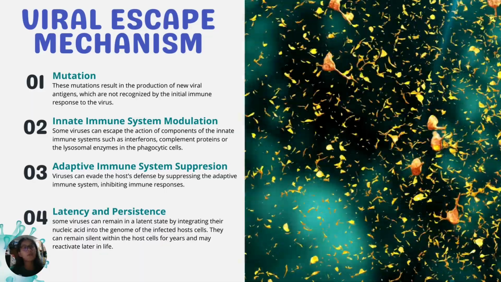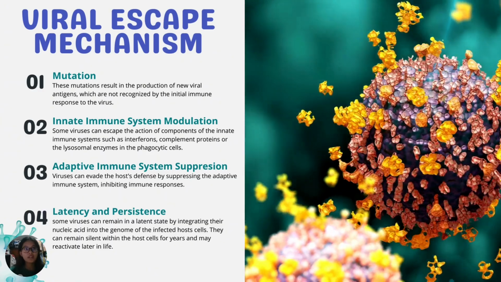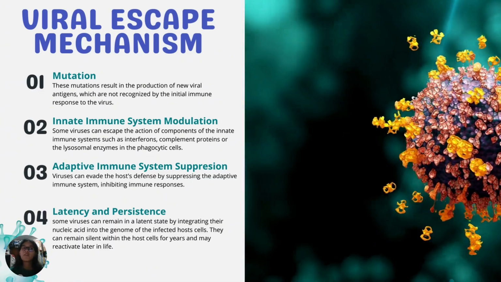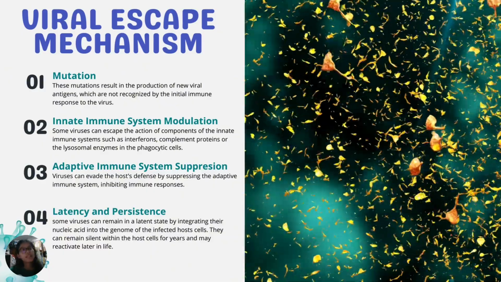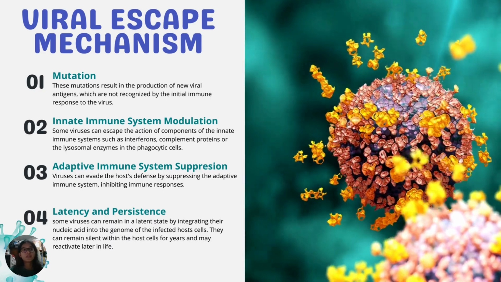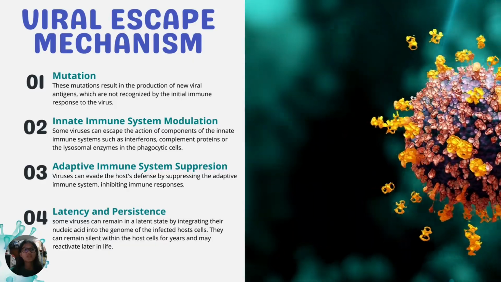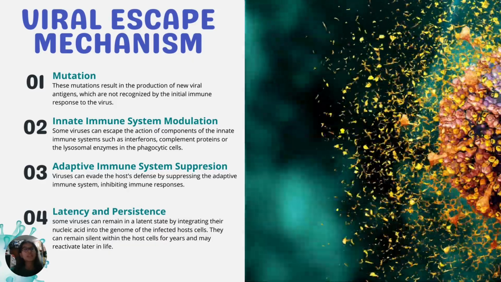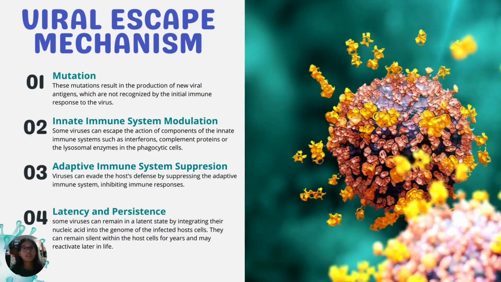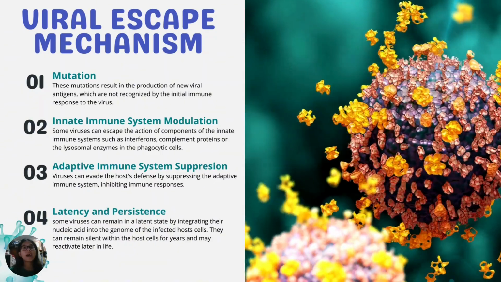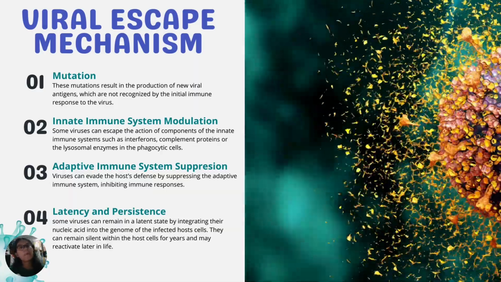So, for example, we have the continual antigenic variation in the influenza virus, which results in the emergence of novel infectious strains that require development of new vaccines every year to protect the population. This is also seen in the rhinoviruses, which cause common colds, as well as HIV or human immunodeficiency virus, which causes AIDS. Next, for the viral escape mechanism, we have the innate immune system modulation.